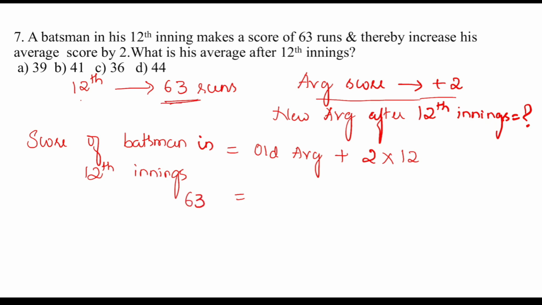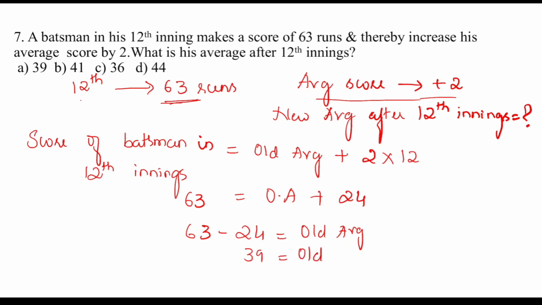So 63 is old average plus 24. Therefore 63 minus 24 is equal to the old average. So 63 minus 24 is 39, which is the old average.